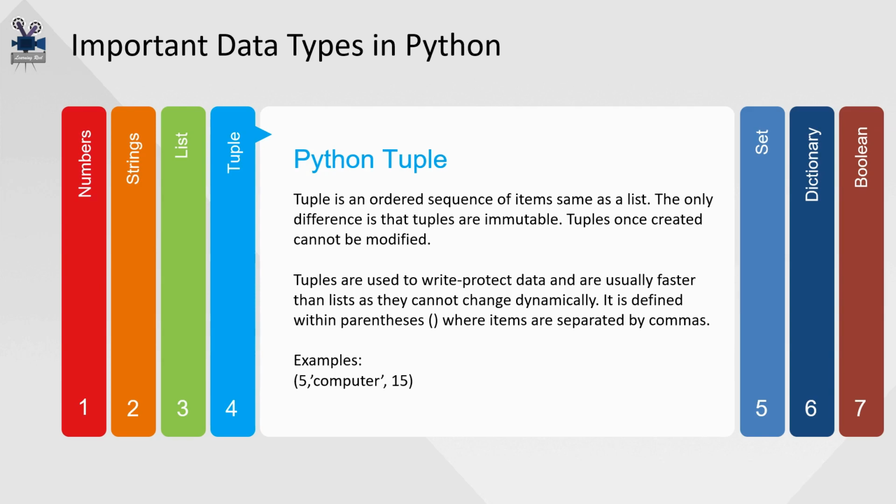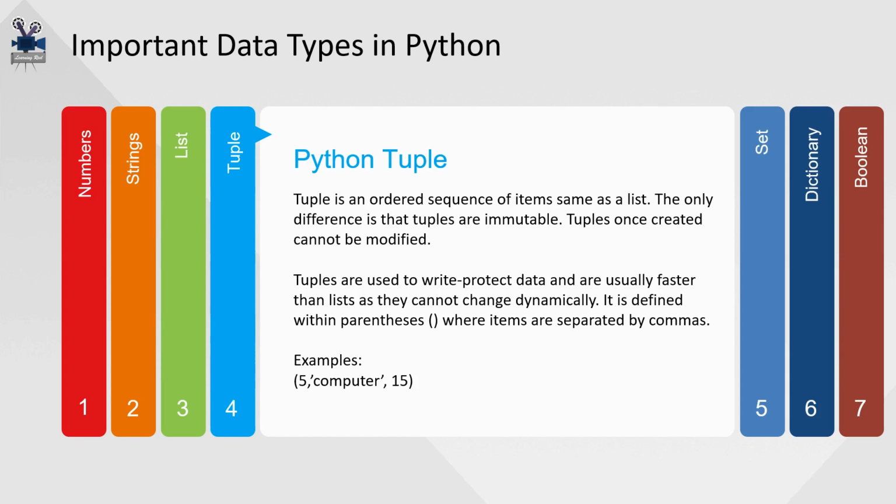Tuples are used to write-protect data and are usually faster than lists as they cannot change dynamically, right? Something that cannot be changed. It is defined within parentheses, wherein items are separated by commas. You can see the example here: 5, comma, 'computer' in single quotes, and then 15 in parentheses.